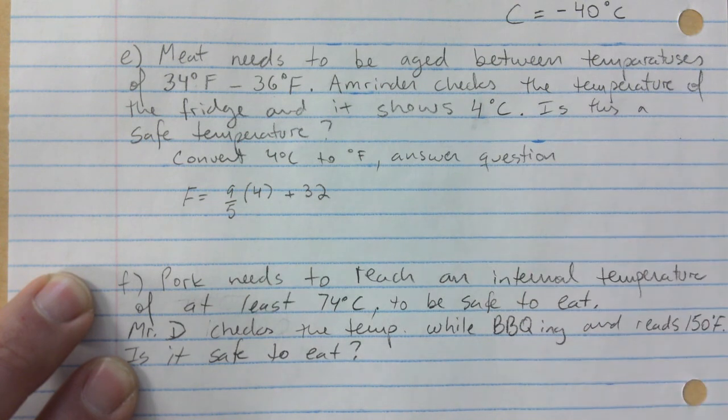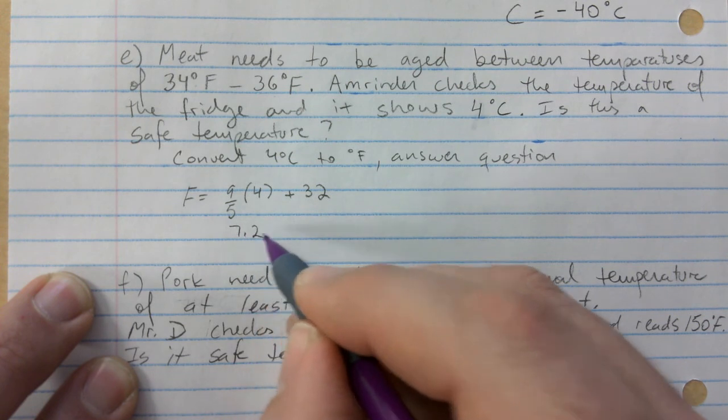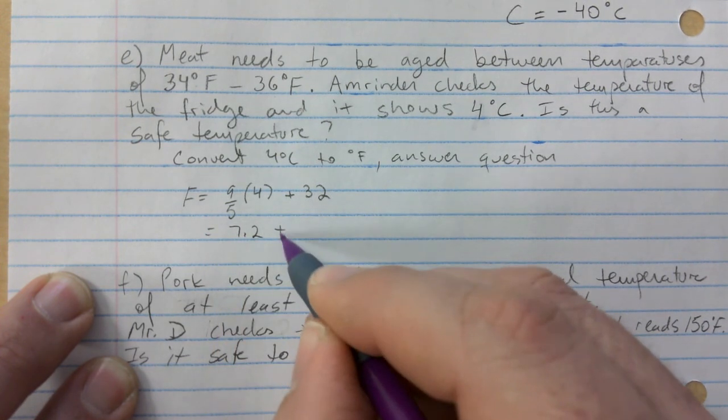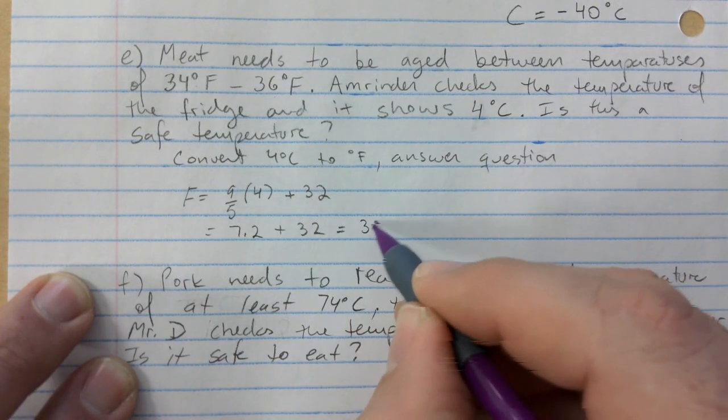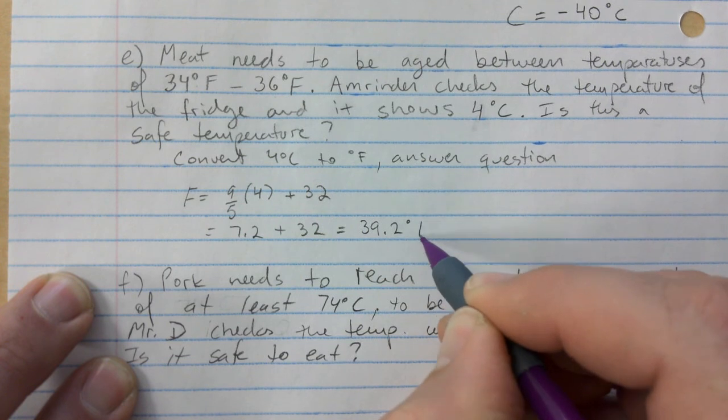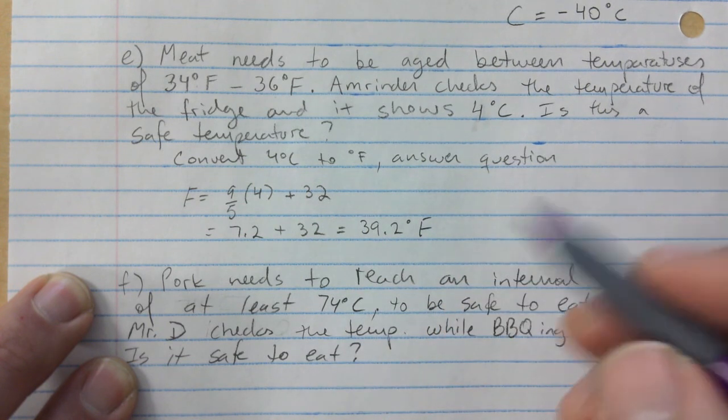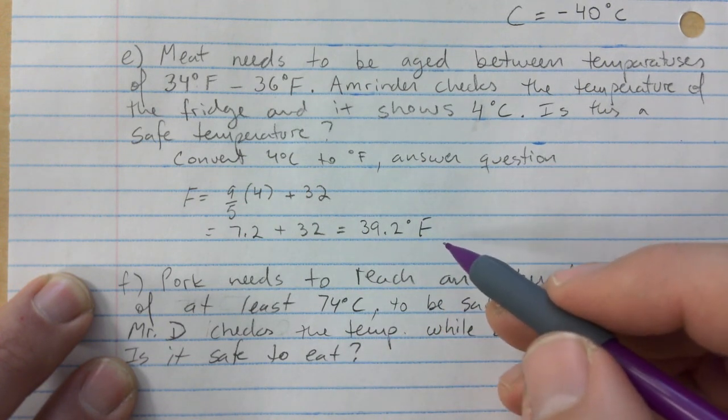One more line, right? You go 9 times 4 divided by 5. That's 7.2 plus 32. Show your work somehow, right? And that's 39.2 degrees Fahrenheit, right?